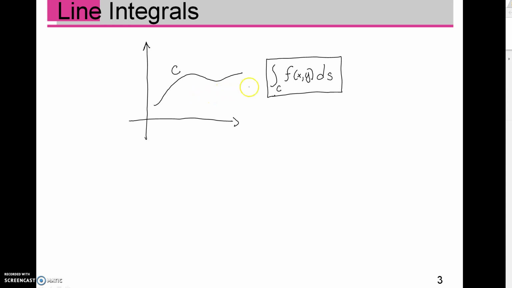So we're going to assume that C itself is smooth. It's a smooth curve. What that provides you is that you know that C itself is continuous and its derivative is not 0.